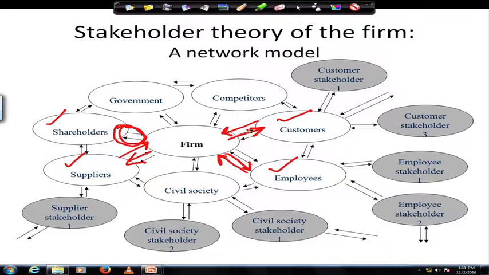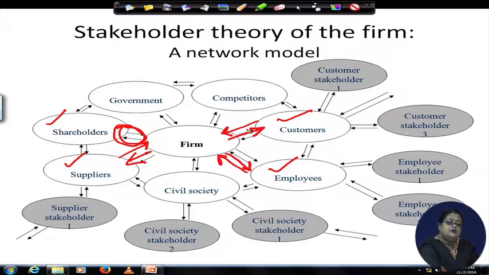And if compared with the shareholders, the other three don't have a like mindset. Shareholders invest based on the prices of shares and the gain that they will be getting out of the dividends and other things. But suppliers, employees and customers do not have such a mental set when they are giving their services, buying from the organization or supplying their raw materials.